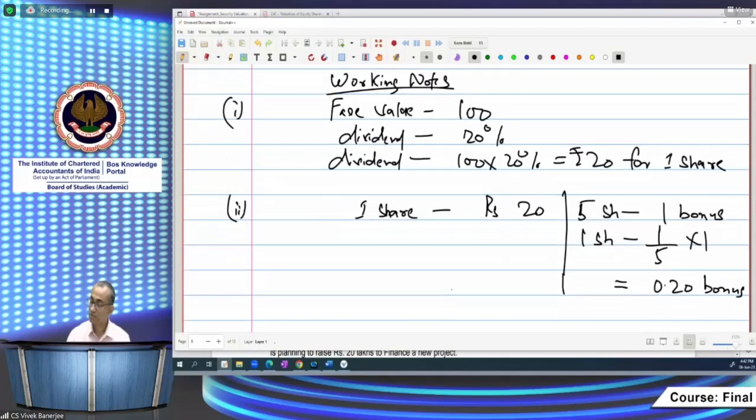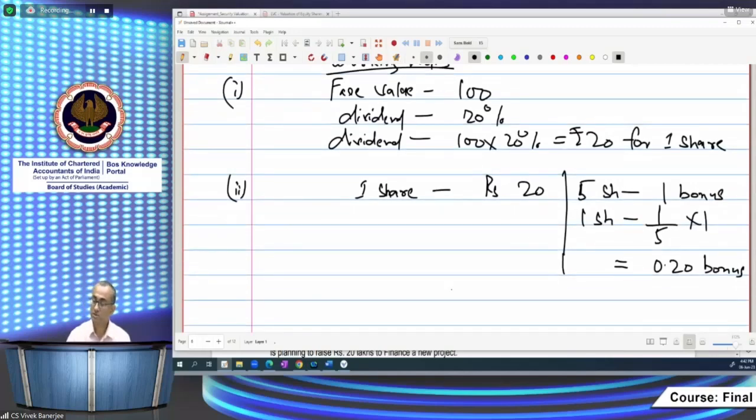So now total shares कितने हो गए? 1 एग्जिस्टिंग थे, 0.2 बोनस में मिला, तो टोटल 1.2. सो 1 शेयर पे कितना डिविडेंड मिला? ₹20. तो 1.2 शेयर पे कितना डिविडेंड मिलेगा?